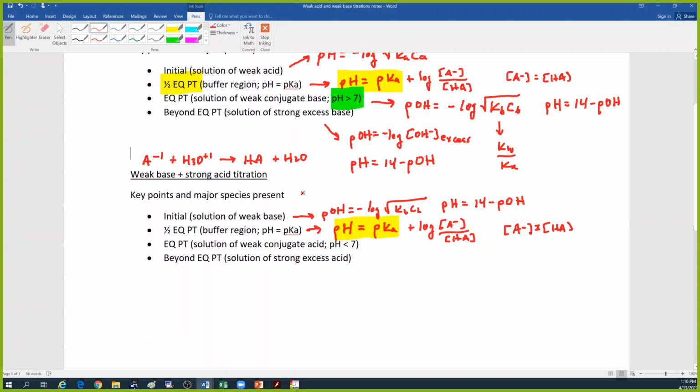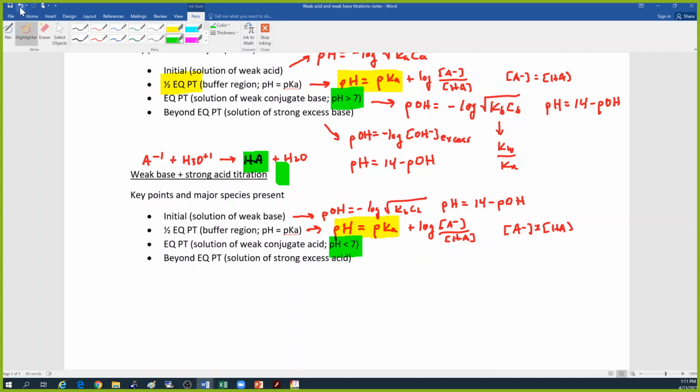Now at the equivalence point, again, another really key discovery is that since we have neutralized all the weak base and converted it all to its weak conjugate acid, we expect this equivalence point to occur at a pH less than 7. Why? Because we have a weak acid, and that weak acid is now governing the pH of the solution. So when we have a weak acid, we know what to do.